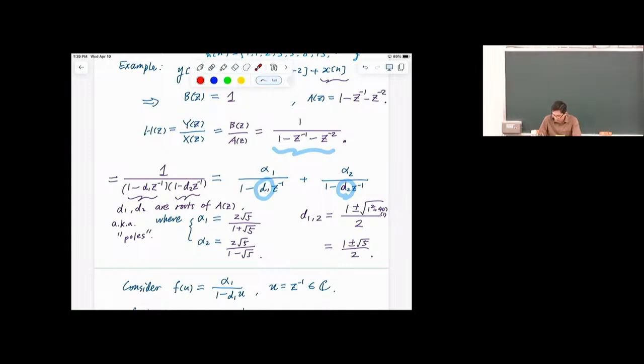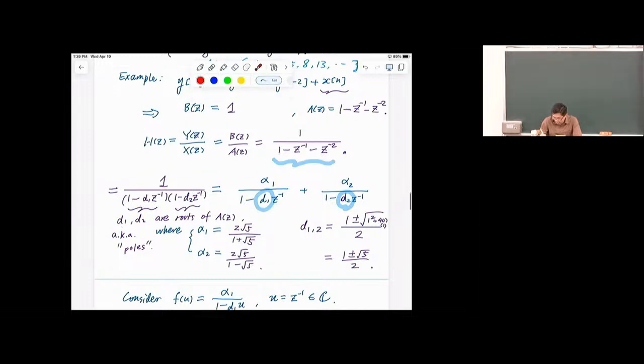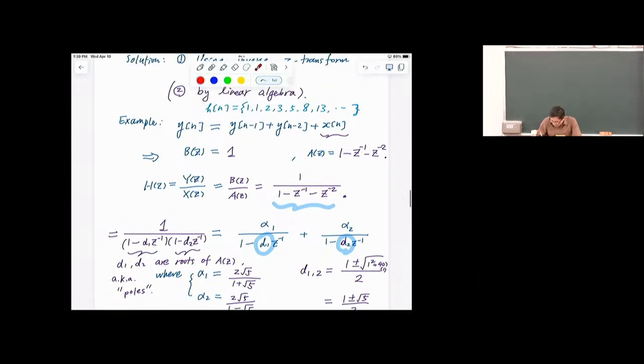You can find out alpha 1 and alpha 2 by a more straightforward, but not necessarily the fastest, way. Realize that here we have the expression equal to 1 minus d1 z inverse, and that's the other factor. And on top, what do we have? In Chinese, 就是通分嘛.